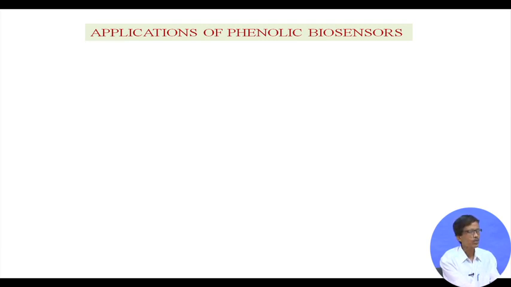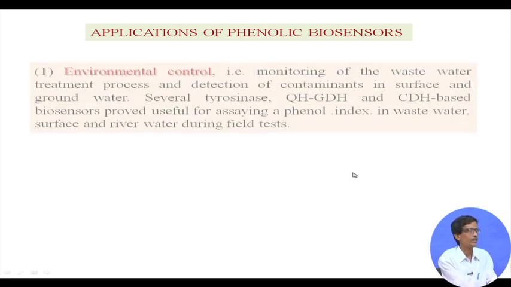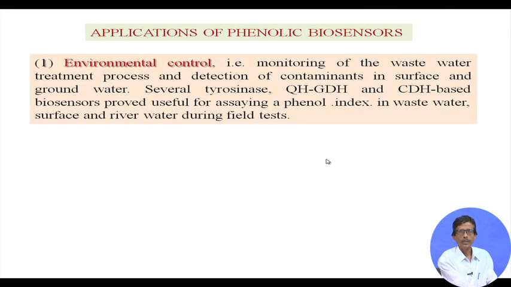The analytical chemist gives the procedure for the measurements or analysis, and when the application is going on, there is no need to develop the process, only how many samples you can handle and determine for their phenolic presence. This is very much required for environmental control.